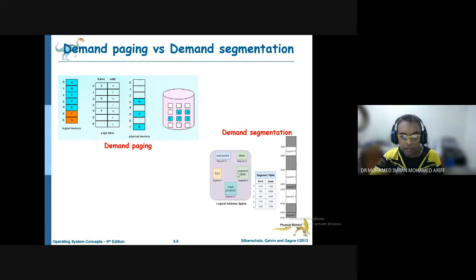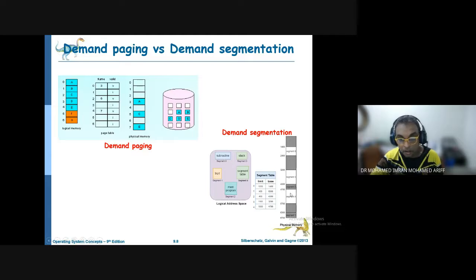Again, if the CPU needs a particular segment, it will look up the segment table, which is also located inside the memory management unit, which is also inside the RAM, to locate the segment inside the physical memory. Example here, segment 0.